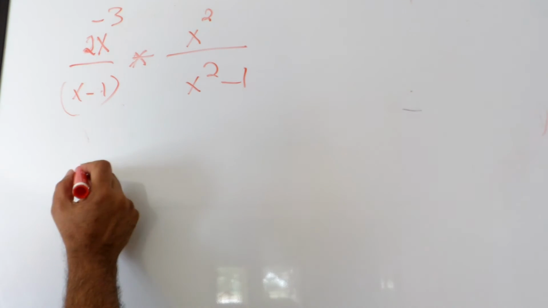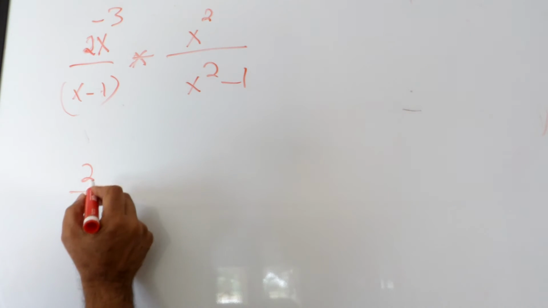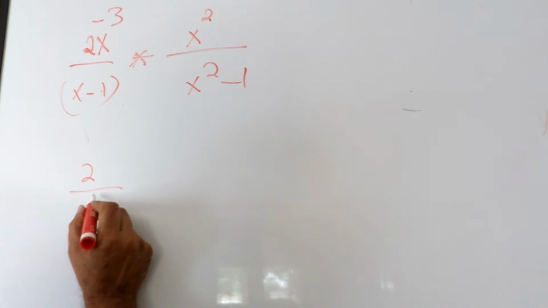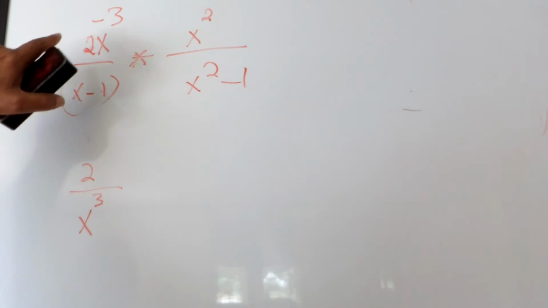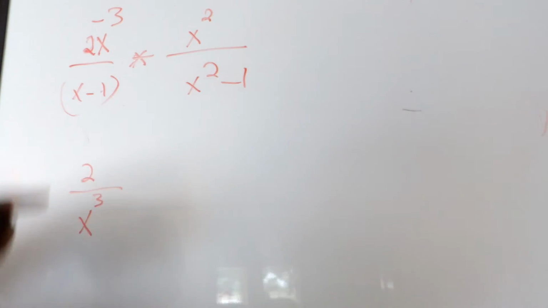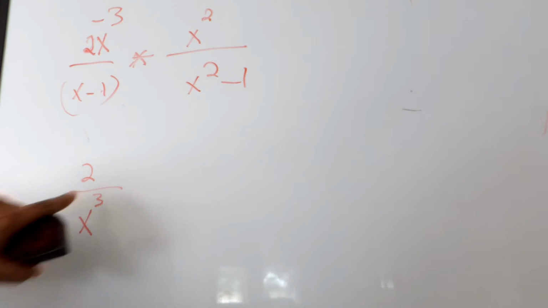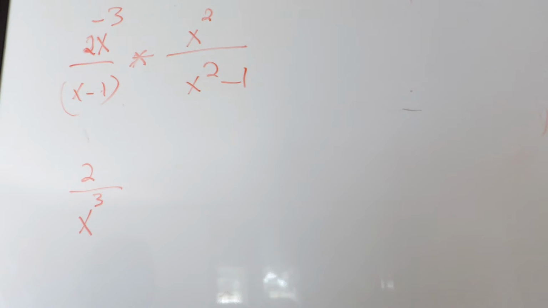What does that mean? Actually, it means 2 times 2, and then it's going to be. Every time you see something like that, you can bring it down to the denominator and make it a positive exponent.